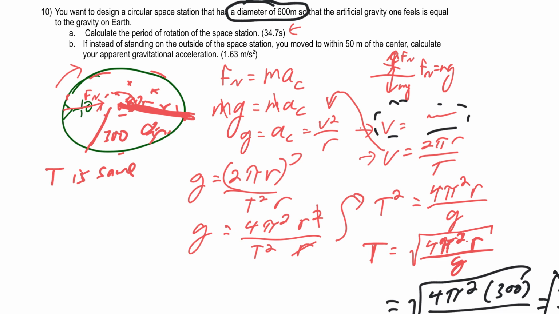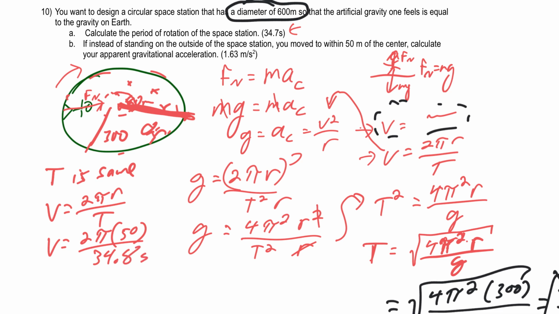So what we're going to do is find our new velocity. We'll use velocity equals 2 pi r over t, to find our new velocity when we're closer. So we'll use 2 pi, the radius is 50 now, and then we'll divide by the time we got before, which was 34.8 seconds, rounding it up.